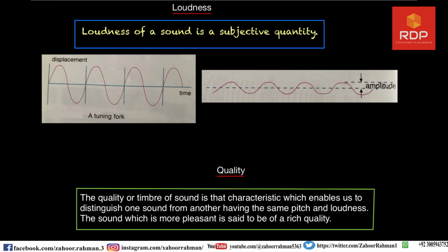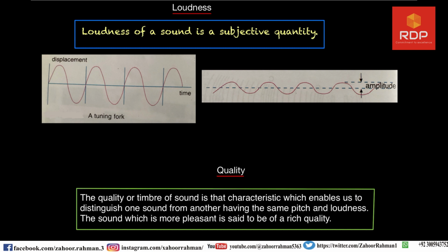For a particular volume, some may say it is loud, while others may say it is soft. Loudness is related to the objective quantity of amplitude. The larger the amplitude, the louder the sound.